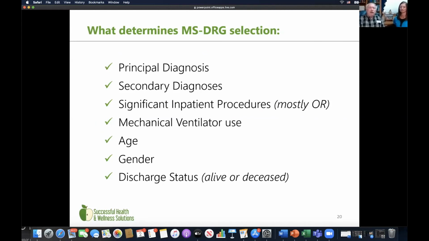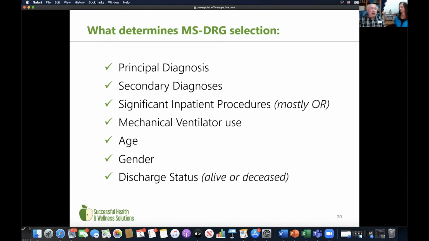So what determines a Medicare severity diagnosis related group selection? Obviously, the number one is the principal diagnosis, followed by secondary diagnoses, followed by significant inpatient procedures, and these are mostly in the OR.